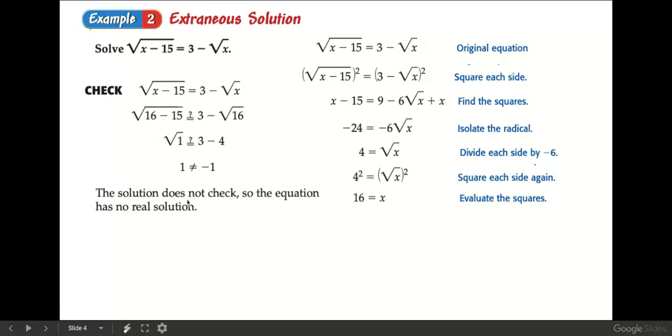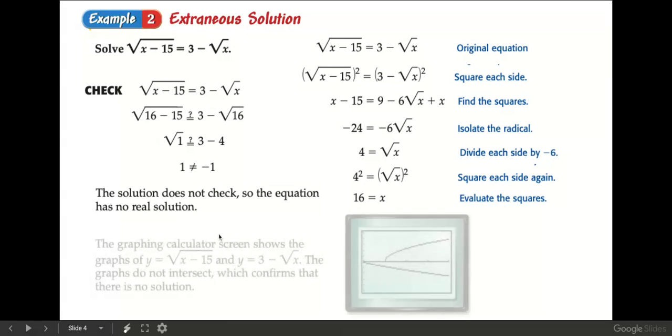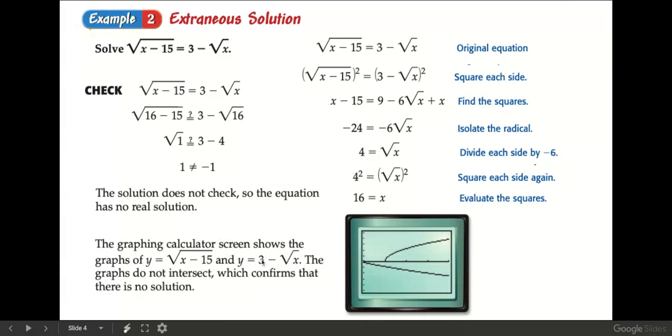It means the solution does not check, so the equation has no real solution. And if I were to graph these two equations on a graphing calculator, you could use Desmos, but any graphing method would show that these two equations don't ever touch or cross. Therefore, they would never have a common x value.